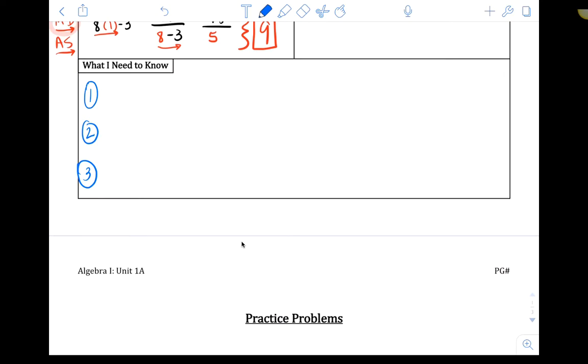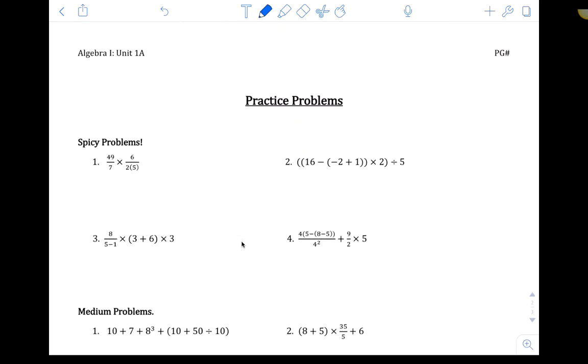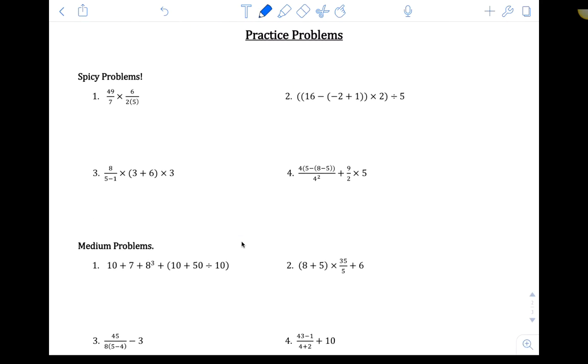Not something that you learned, not something that's new to you, but I want to know what you need to know. Like if you were telling your mom tonight when you get home, like, Mom, you need to know this when you do PEMDAS in the order of operations. It might be the fraction thing. It might be, Mom, you need to do your parentheses first. So write down 3 things here if you haven't done so already. Next, I want you guys to do the practice problems, and I'll post the answer key to the website.